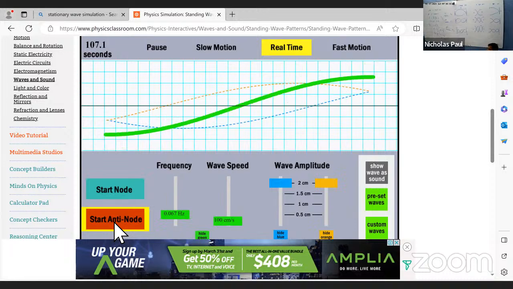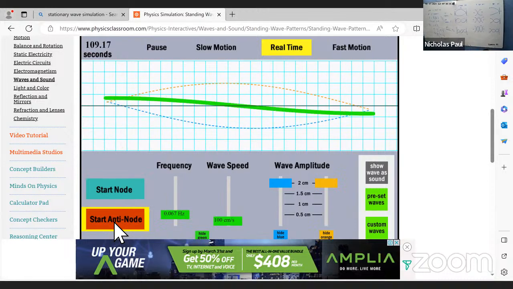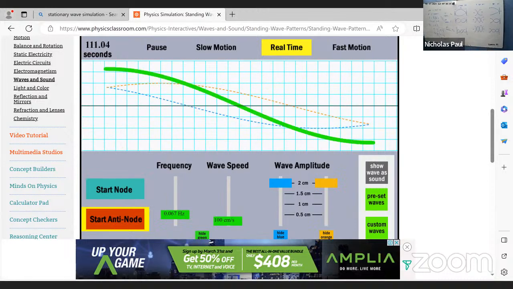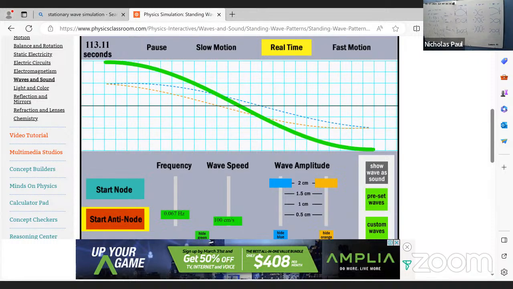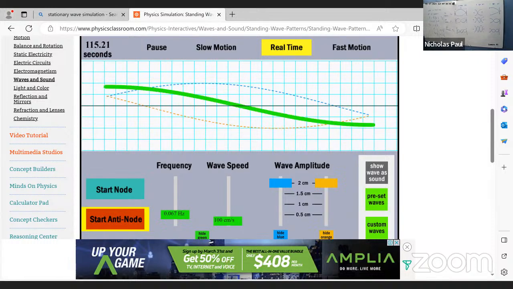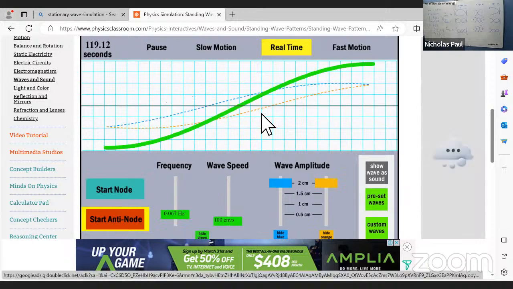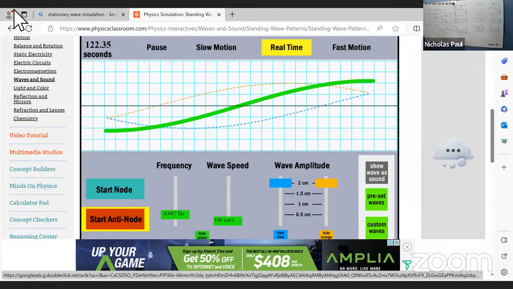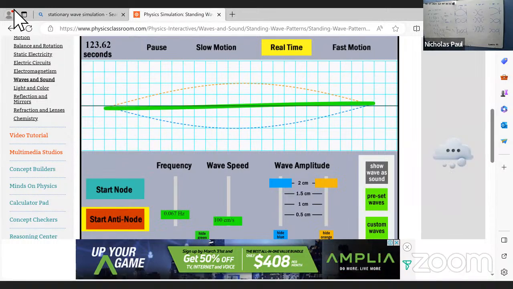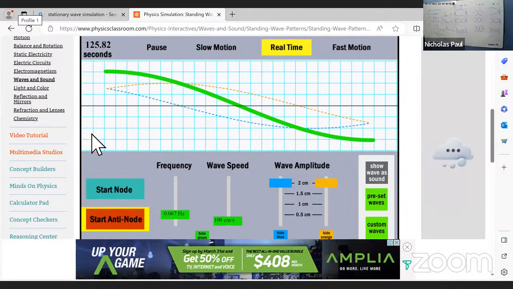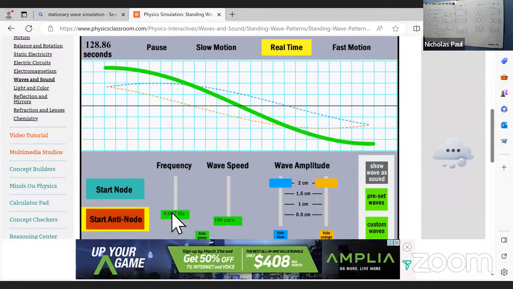Right. Nalia, put your hand up in the air there. So the second one will happen at, Nikash? 0.201. Okay, so multiply by 3.